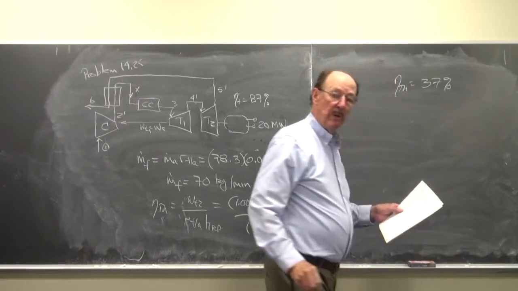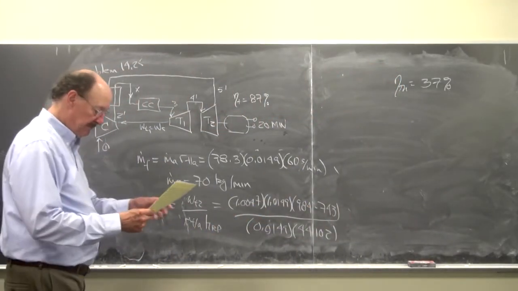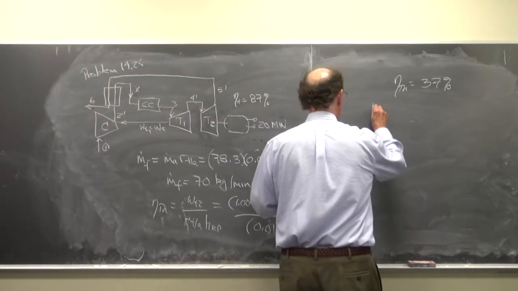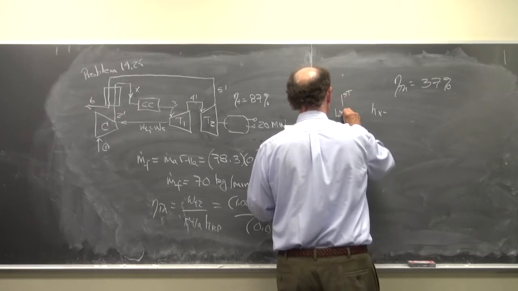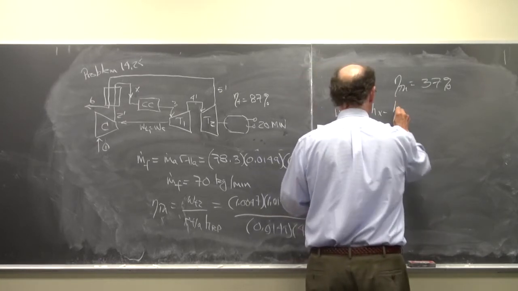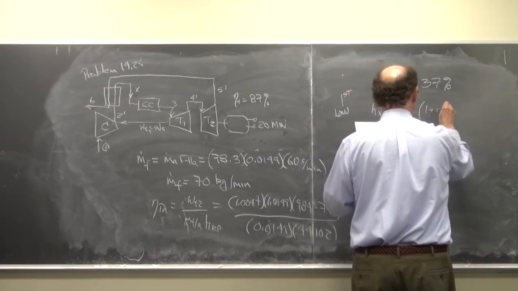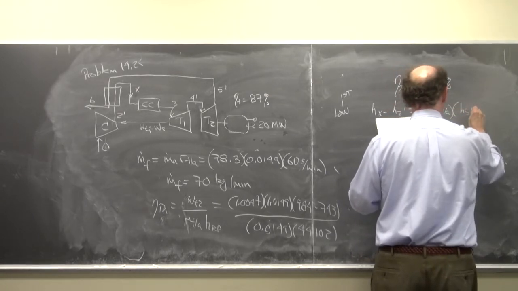And we were asked to find the temperature leaving, so I wanted to find this temperature. So first law on the regenerator: Hx minus H2' is equal to (1 + RFA) times (H5' minus H6).